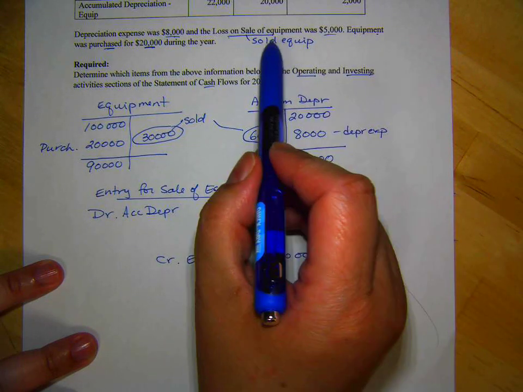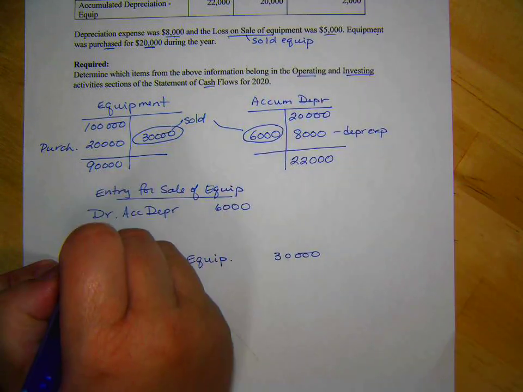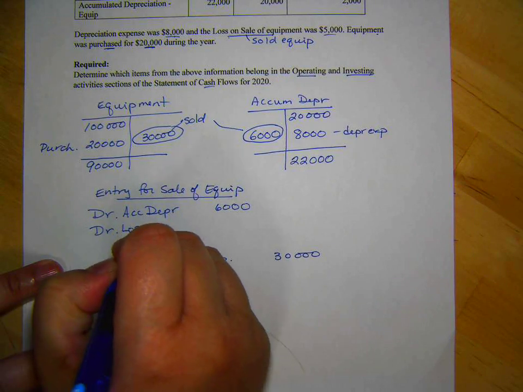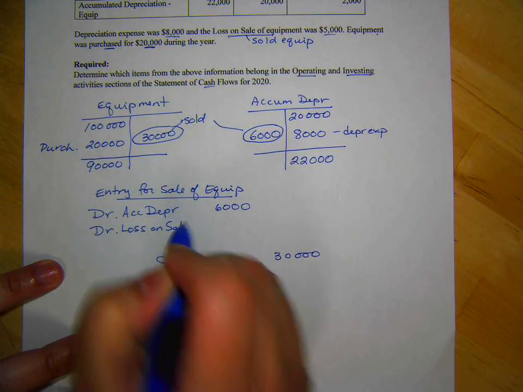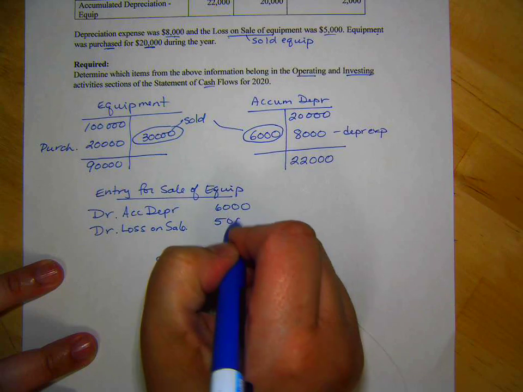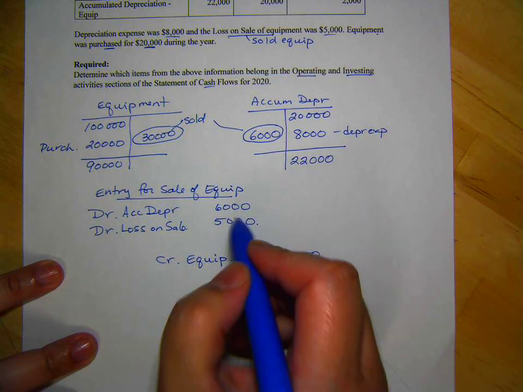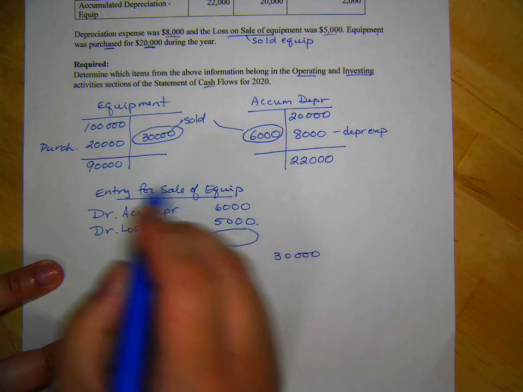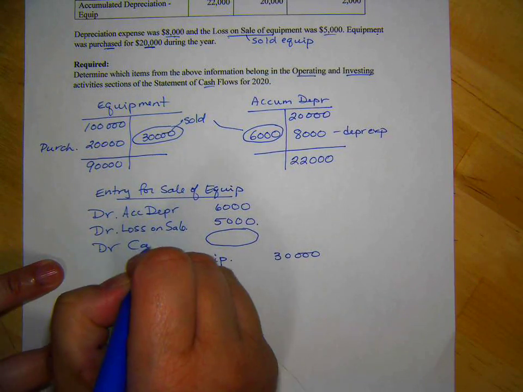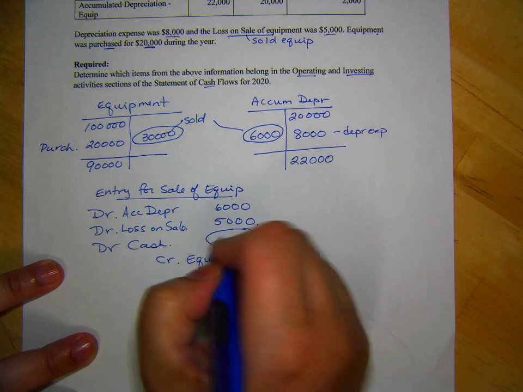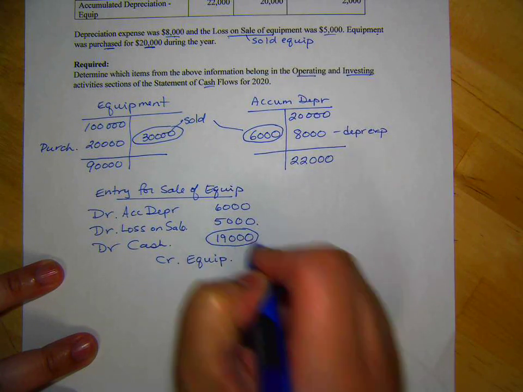We also know there was a loss, and losses are debits, which was 5,000. And now we can figure out how much cash we got, and that is 19,000, just to fill in the blank.